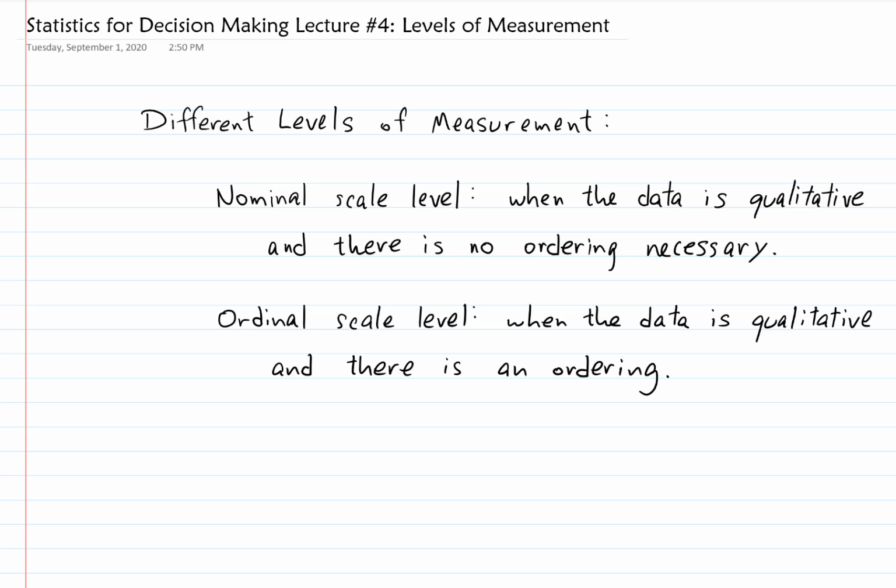It's just 5 categories, and we usually number those 1, 2, 3, 4, 5. Because it's categories, it's qualitative data, but there is an ordering there. You put your favorite restaurant as number 1, and then your next favorite is number 2, and so on. All right, 2 more.